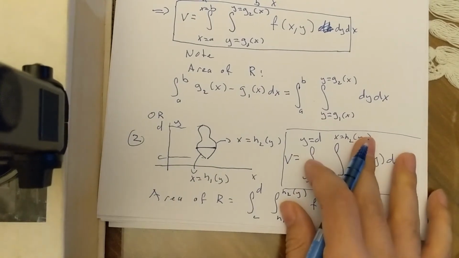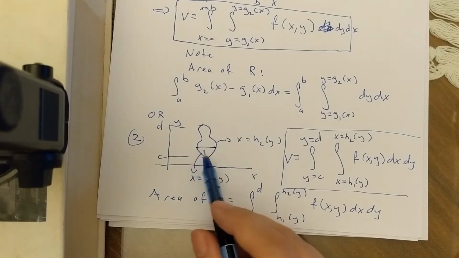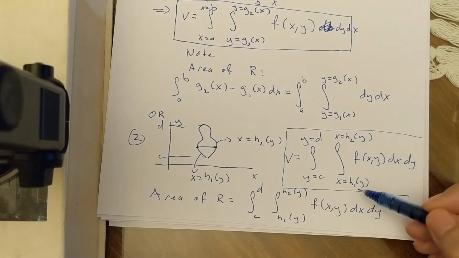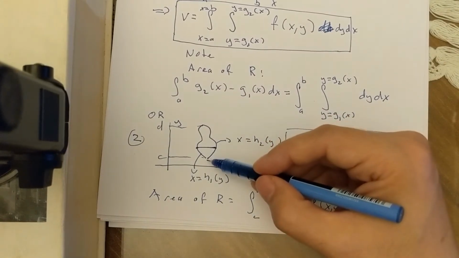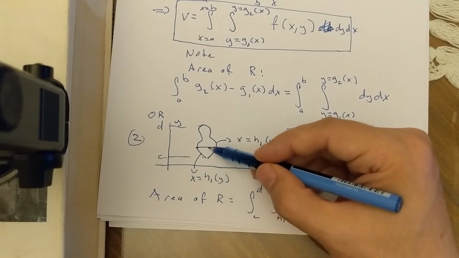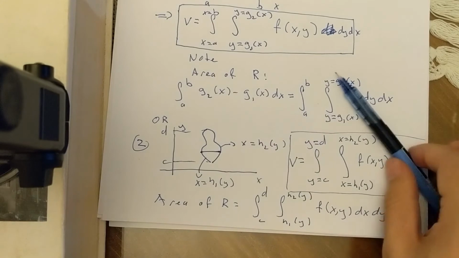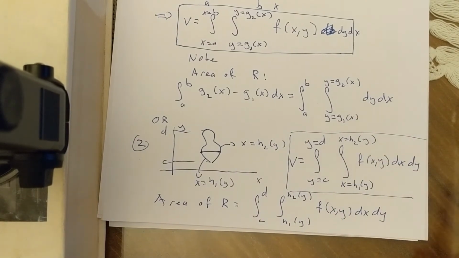When you're taking horizontal elements, you do right minus left. So right, h2 of y, goes on top, and left, h1 of y, goes on the bottom. We imagine these horizontal elements moving from bottom to top, so y equals c to y equals d.